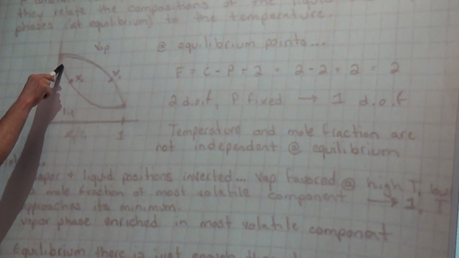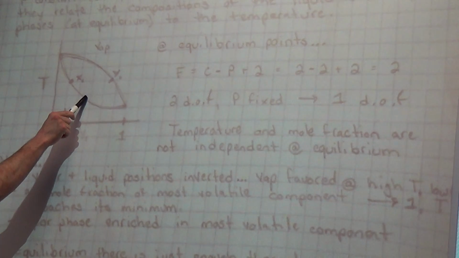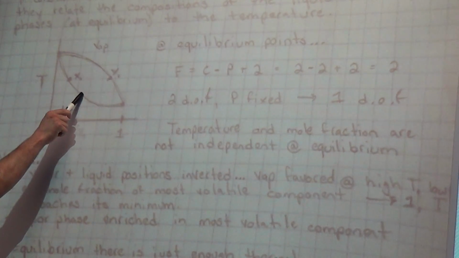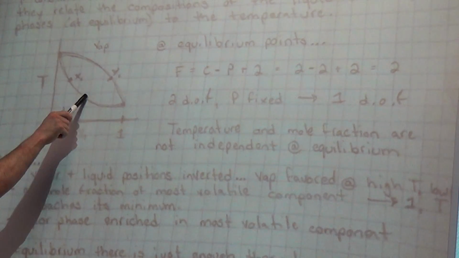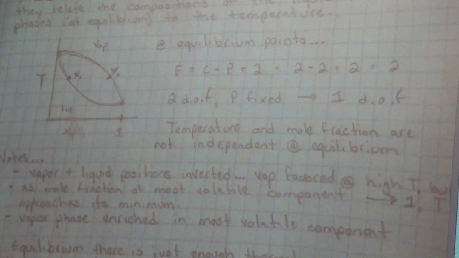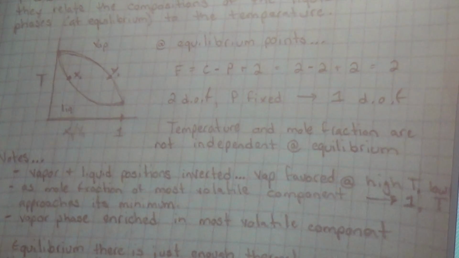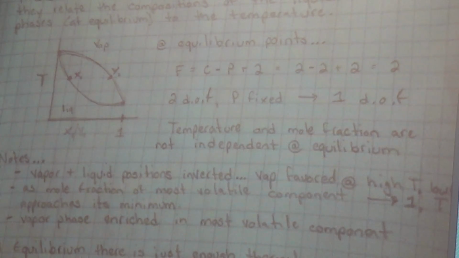The line down here, if you move along the x-axis in the mole fraction, you move up to that line, it tells you what temperature you'll have equilibrium between the solution and the gas phase. If you move up or down from that temperature, you favor one state or the other, the liquid phase or the gas phase.